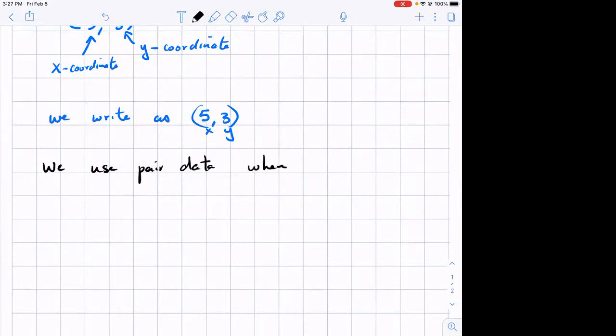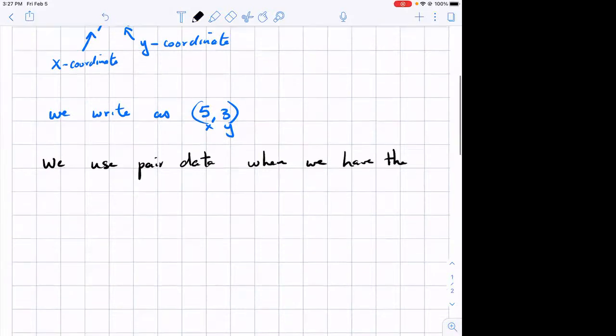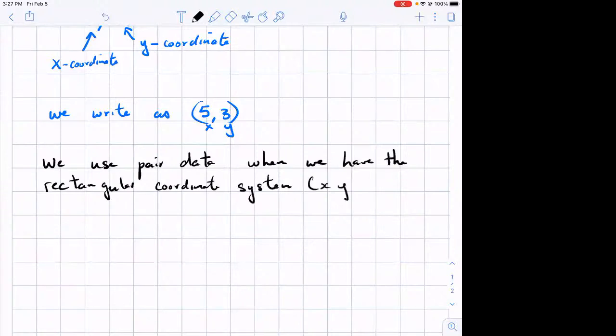when we have the rectangular coordinate system. And this is what we refer to as the XY axis.